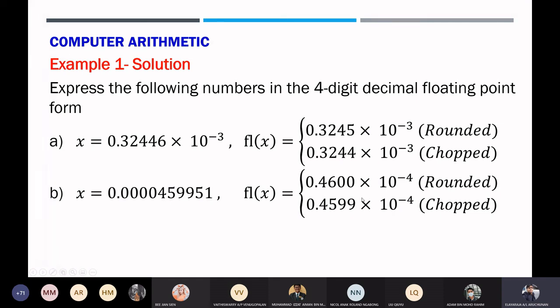So what if you just use the floating point in the computer? What will happen is that floating point has only 7 digits, 1 2 3 4 5 6 7. If you just leave it as it is, it will not give the accurate solution as we wish.